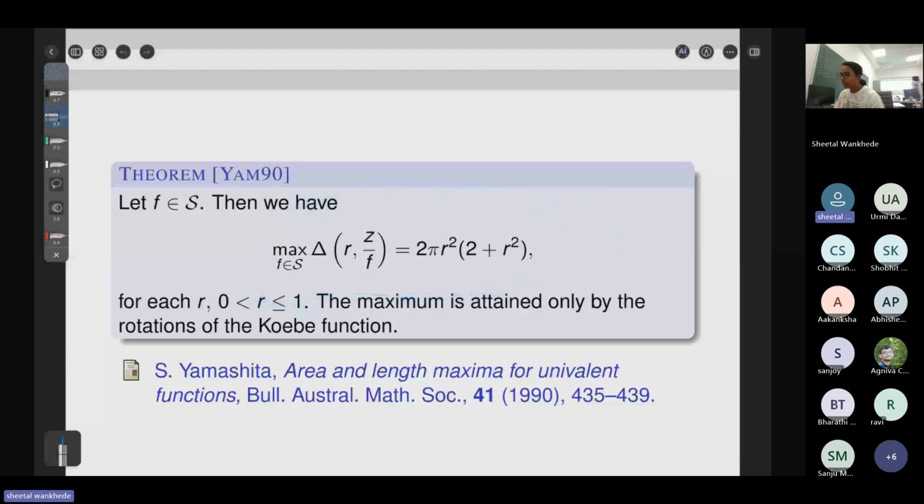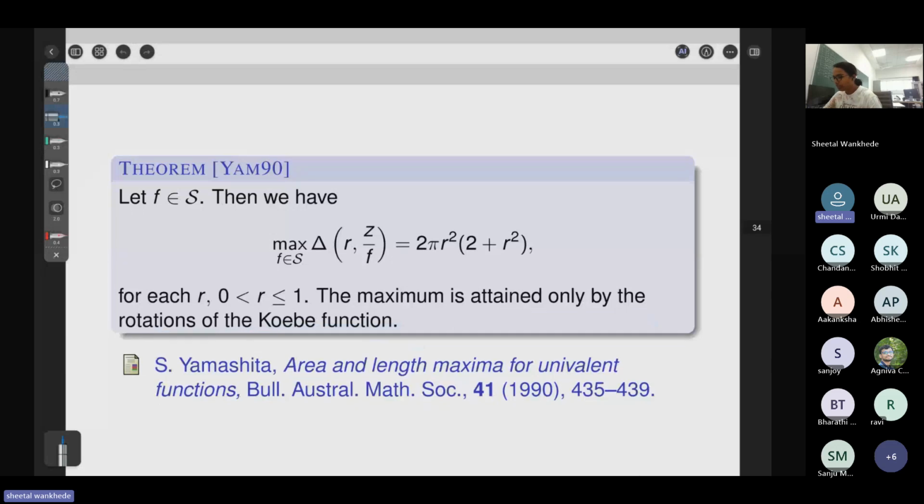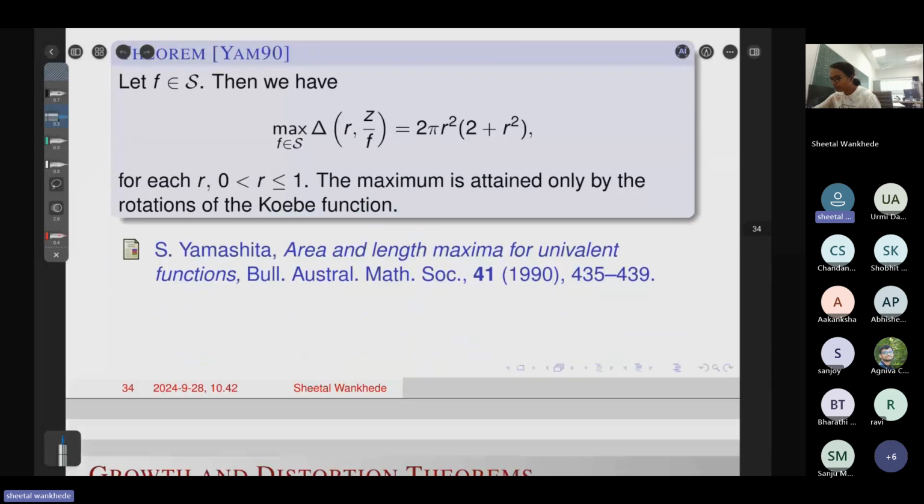They proved that the maximum over all functions belonging to S, the area of z by f is given by 2 pi r square times (2 plus r square) for r lying between 0 and 1. And the maximum can only be attained by a rotation of the Koebe function. I'm not including the proof of this.